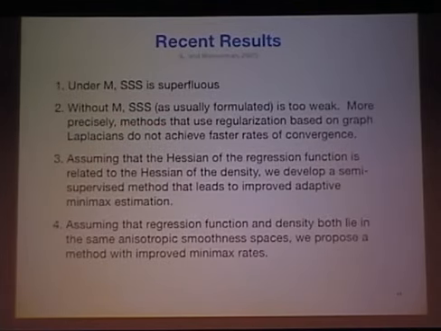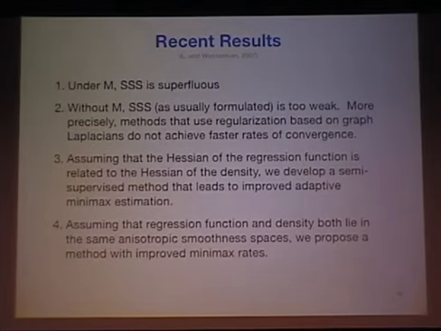The first result is that under the manifold assumption, if you just assume that the data lie on a low-dimensional manifold, this semi-supervised smoothness assumption is irrelevant. You can get the lower dimensional rates of convergence with just basic techniques. You don't need any of this semi-supervised stuff.